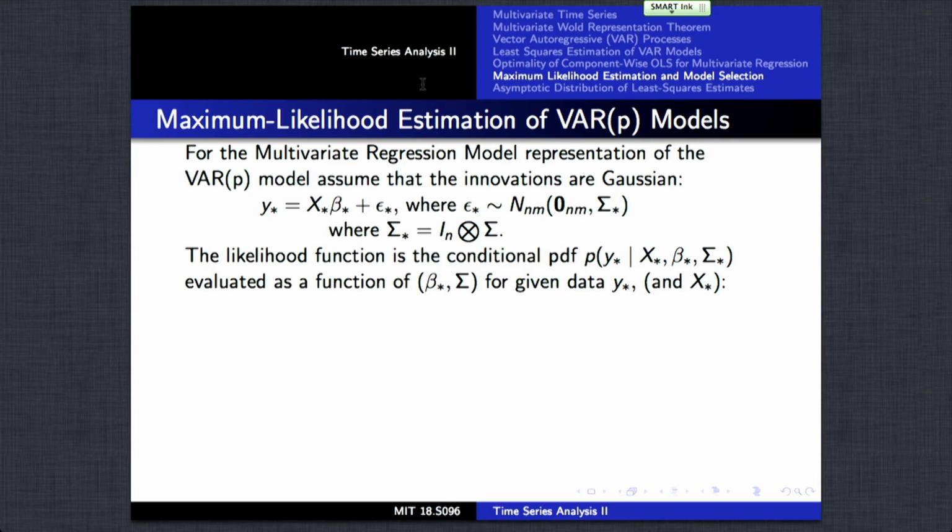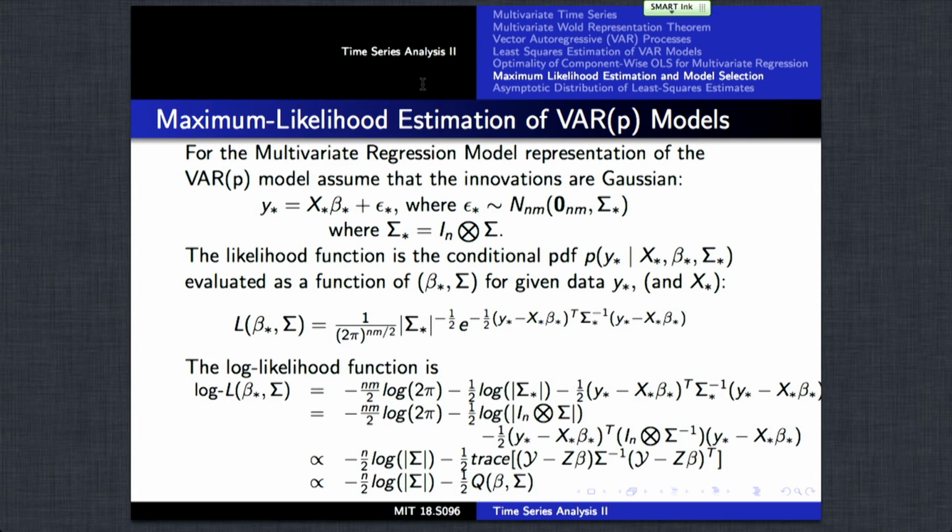The covariance matrix of epsilon star is sigma star. Well, sigma star is I_n Kronecker product sigma. So if you go through the math of this, everything matches up in terms of what the assumptions are. And the conditional probability density function of this data is the usual function of a normal sample.